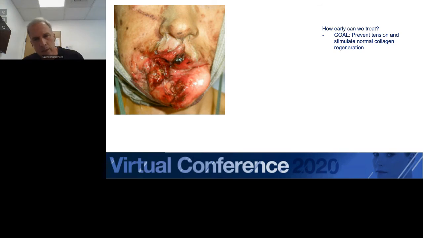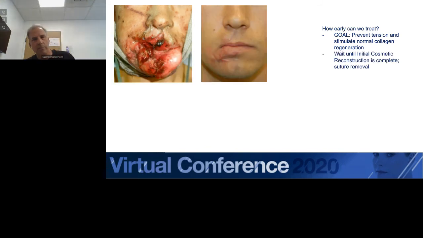Dr. Shoemaker mentioned this earlier with our goals: we're improving the tension on scars. We're preventing tension. We're also stimulating a normal collagen regeneration. So this is a bit too early, but as soon as the cosmetic reconstruction is complete, which is usually around suture removal, we can start addressing these scars.